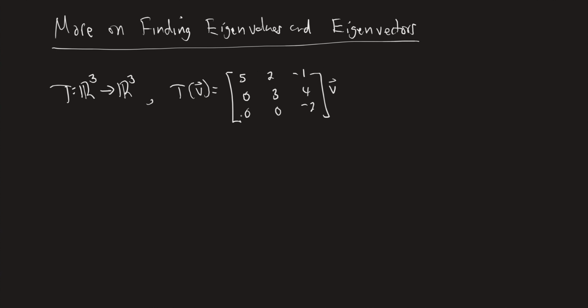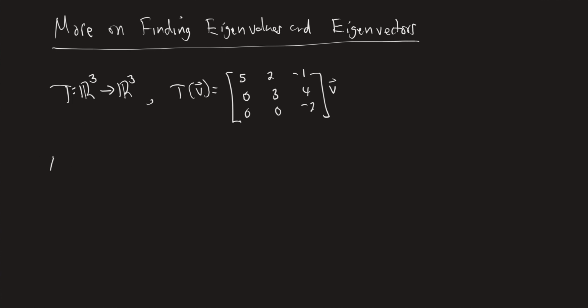In general, there are formulas for the characteristic polynomial for higher dimensional operators, but it's not as simple as the one that we derived for the 2 by 2. So let's just go back to first principles to come up with the characteristic equation for this particular transformation.